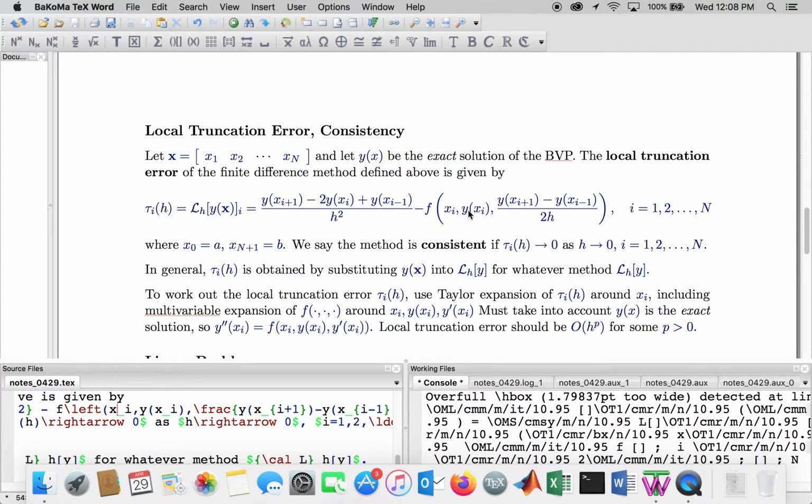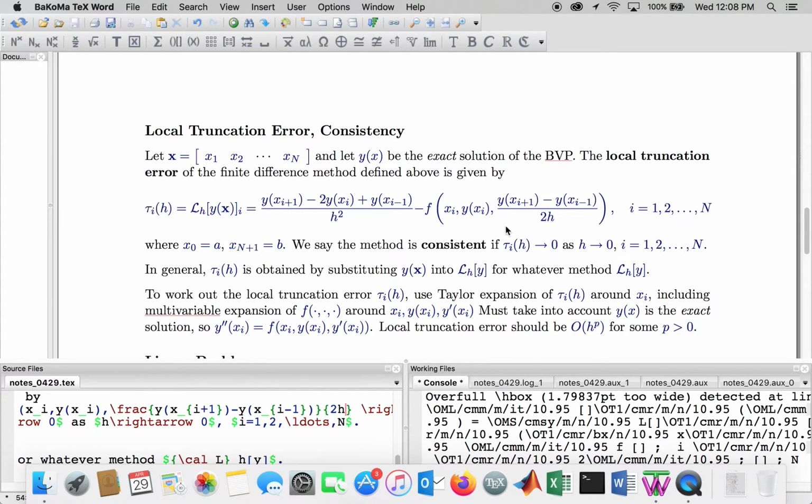But since this argument and this argument both depend on x, to take the derivative of this whole thing with respect to x, you would need the chain rule, and that's why you need partial derivatives of f with respect to its other arguments. And that would amount to a multivariable Taylor expansion in a way.